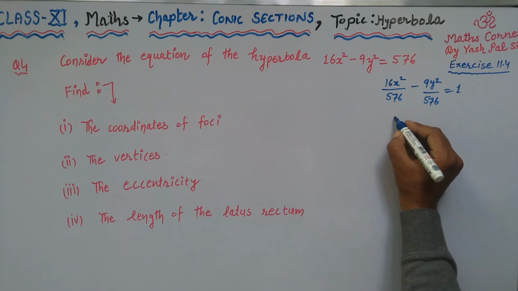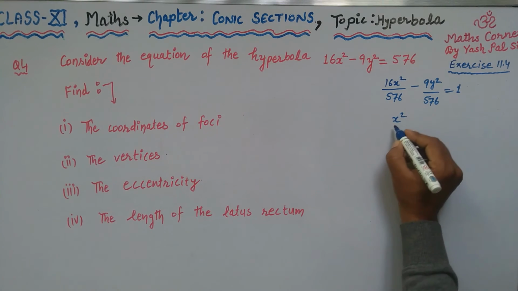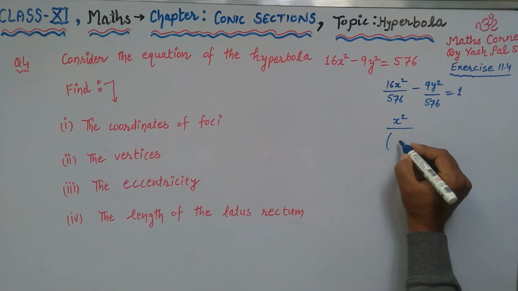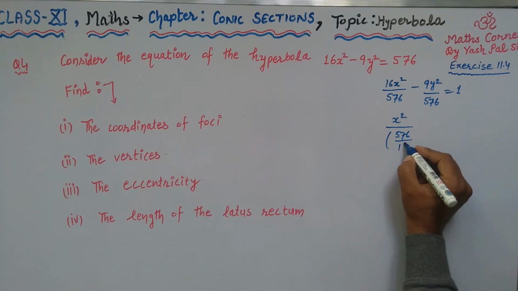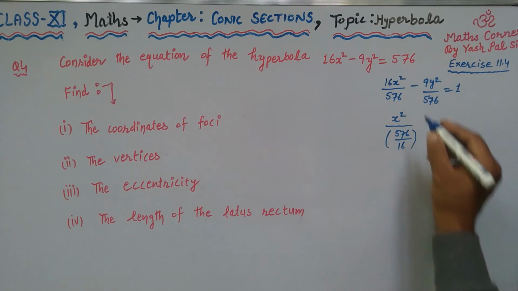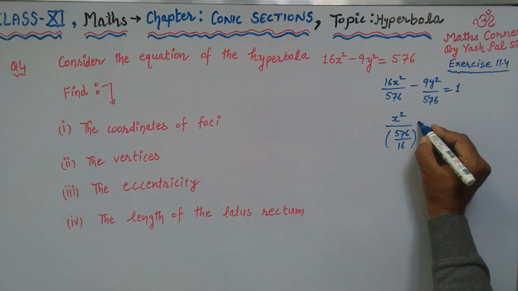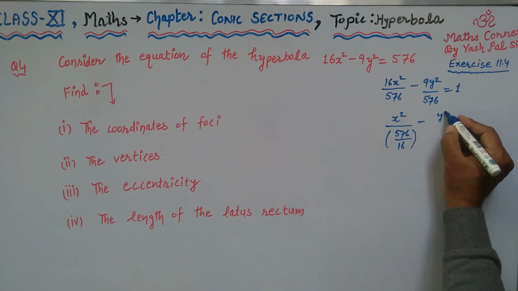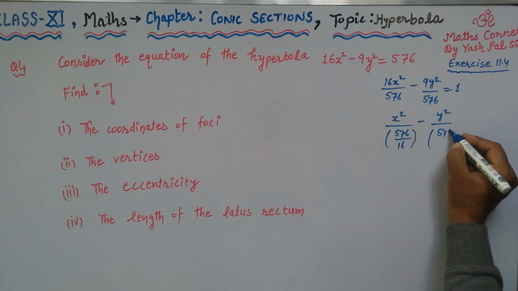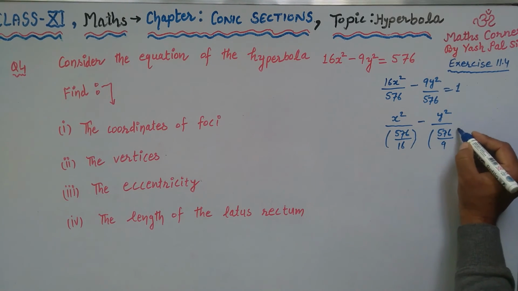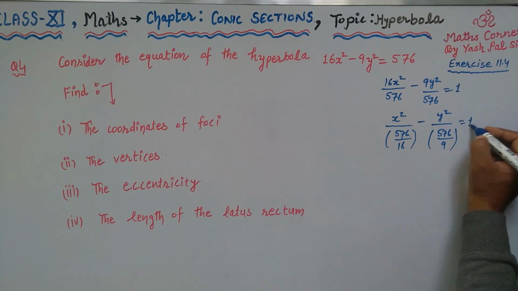Now this is x square divide 576 divide 16. Okay, this is the way we can convert. Minus here also we have y square divide 576 divide 9. Right hand side is equal to 1.